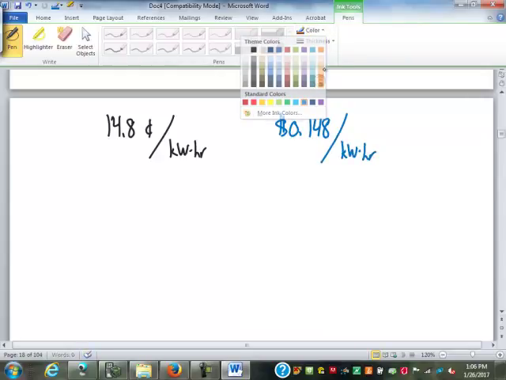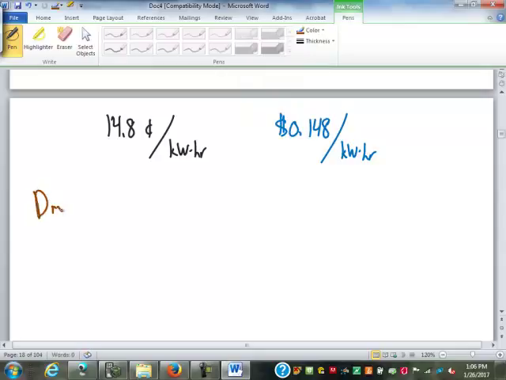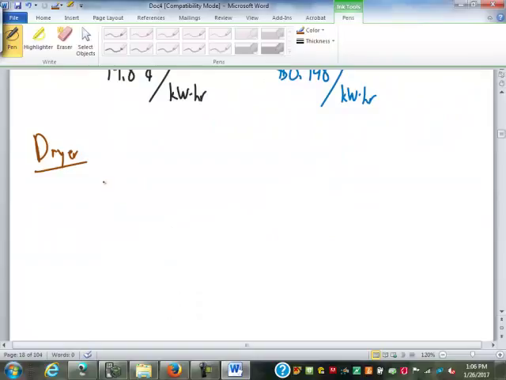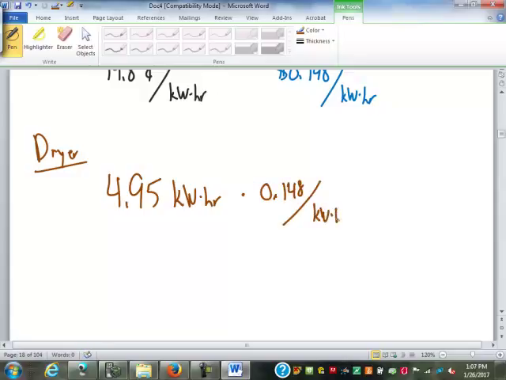So that dryer costs 4.95 kilowatt hours times $0.148 per kilowatt hour.